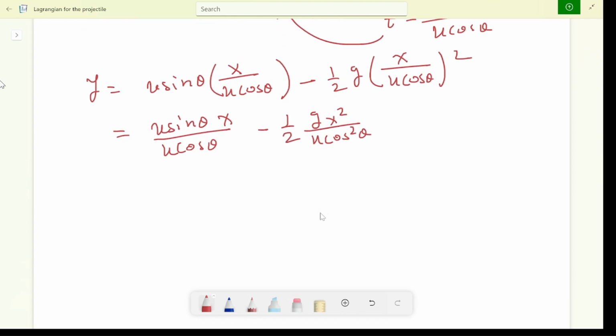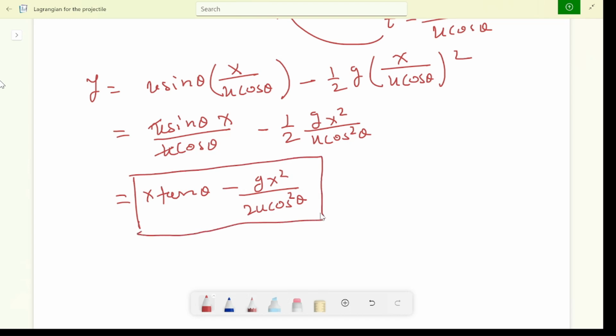Now sin theta by cos theta is just tan theta, and u gets cancelled out. So it is going to be x tan theta minus g x square by 2 u square cos square theta. This is the equation of trajectory that we obtain. This is known as the equation of trajectory.